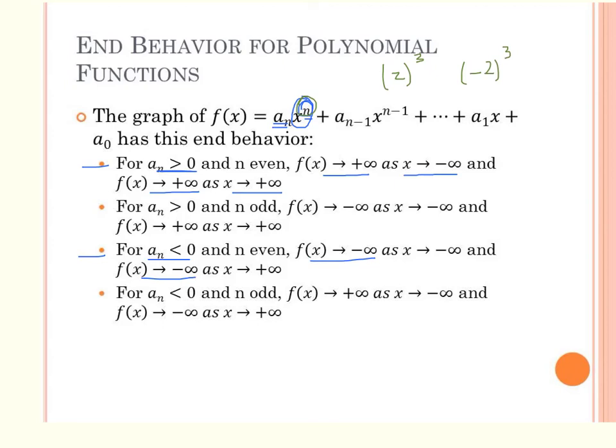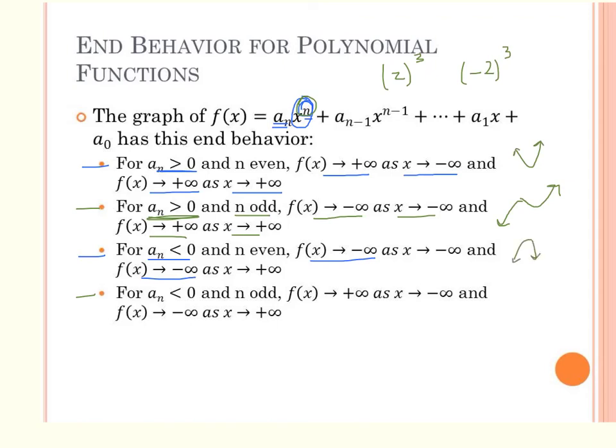So for these other two, if n is odd and the leading coefficient is positive, then our graph is going to go to negative infinity as x goes to negative infinity. So that's going to go like this. And it's going to go to positive infinity as x goes to positive infinity. So your ends are going to be split. So here we had something like this or something like this.